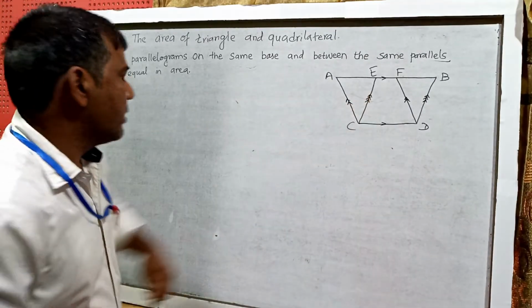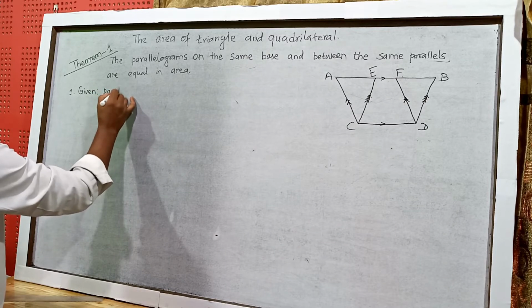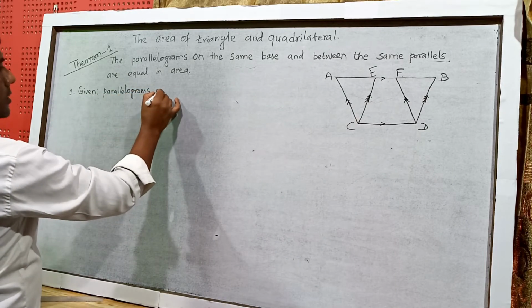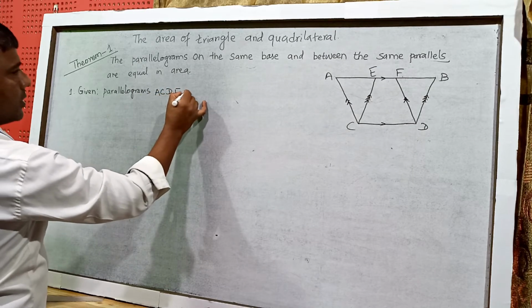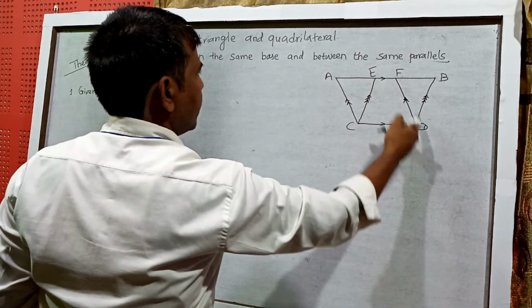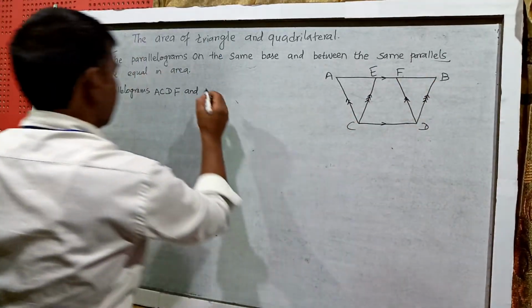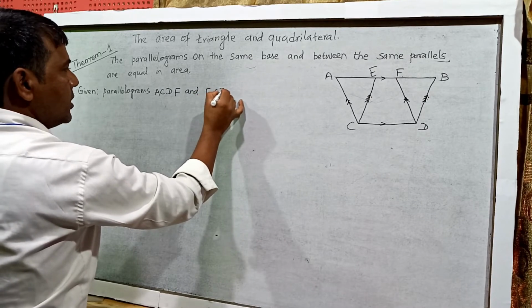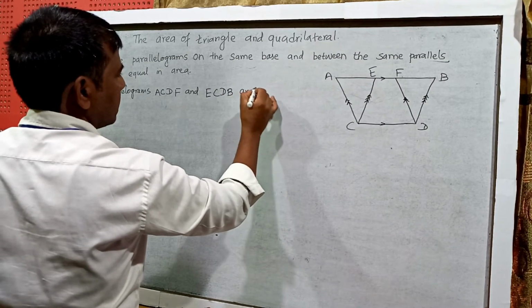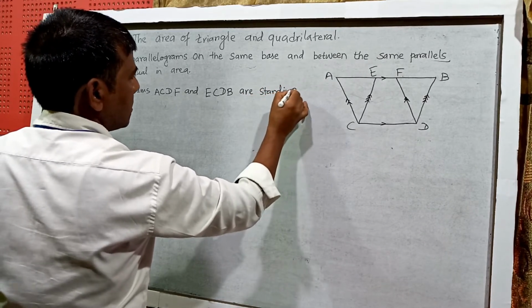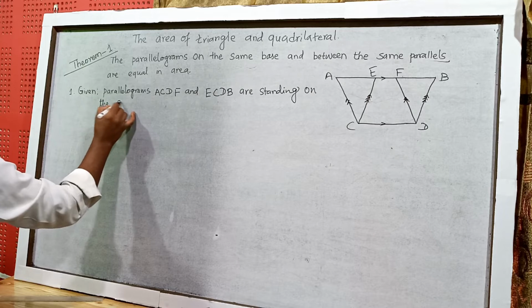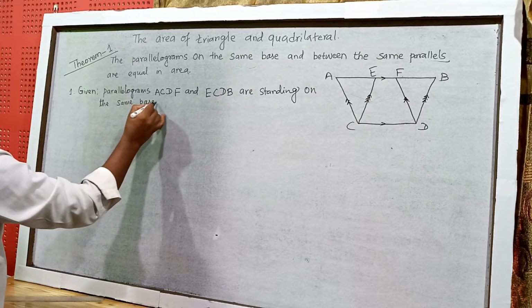According to the figure, parallelograms A, C, D, F and E, C, D, B are standing on the same base CD.